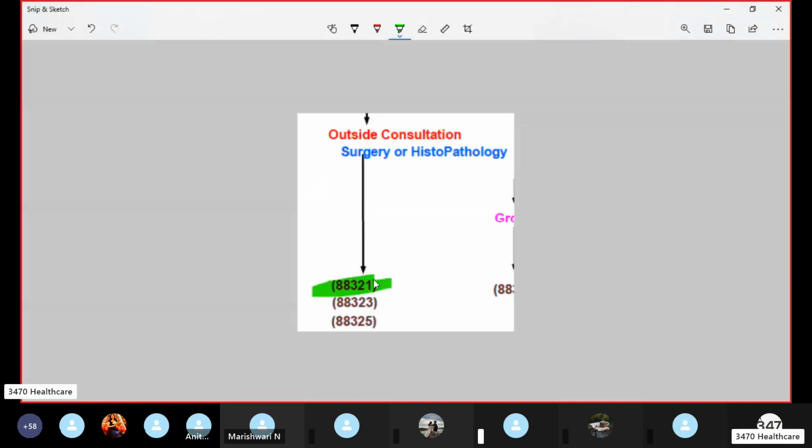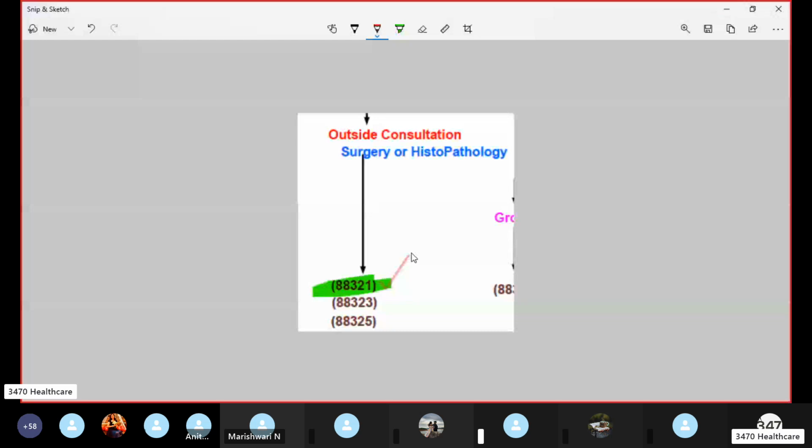Slide preparation means they take the sample, make it into small pieces, then look with the microscope. That is slide preparation. So when a slide-prepared specimen is received, you go for code 88321.